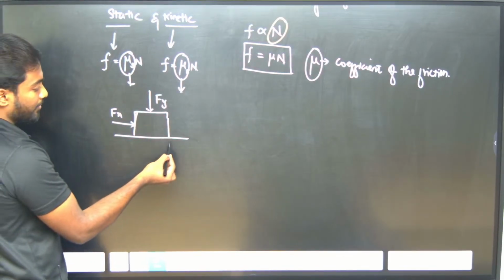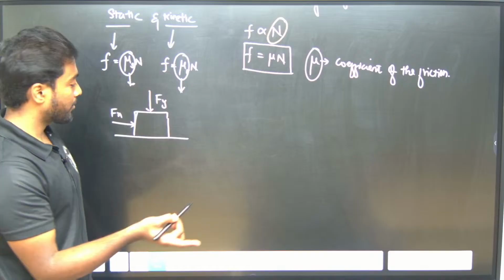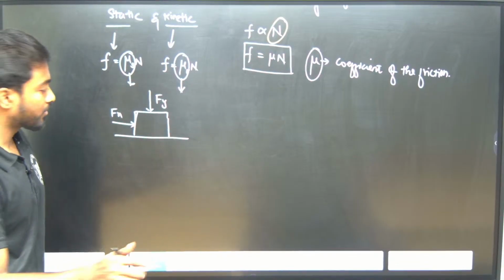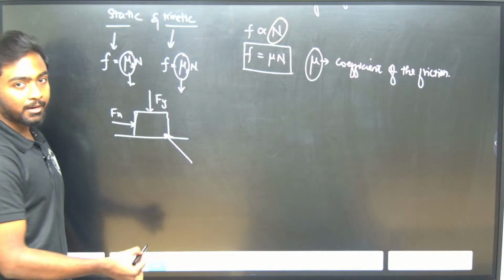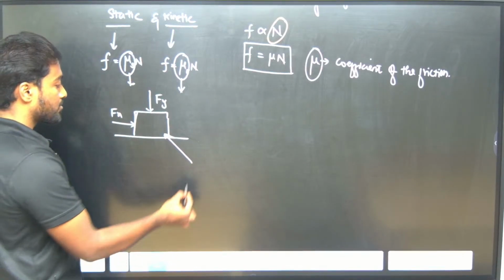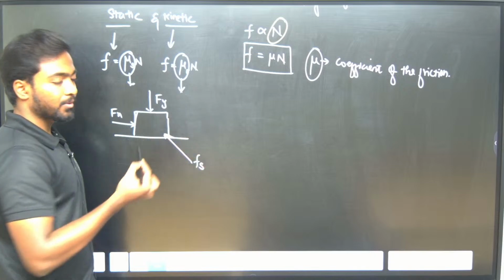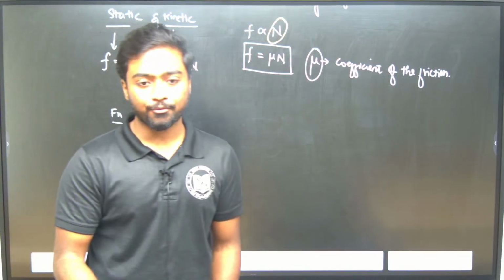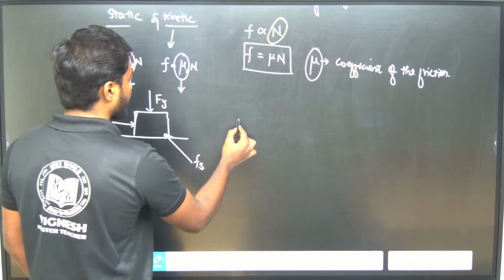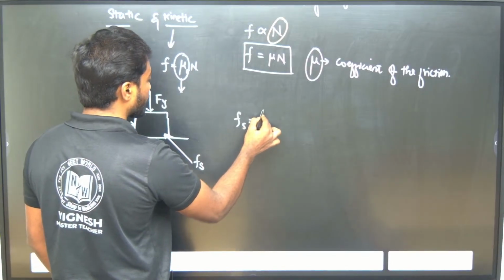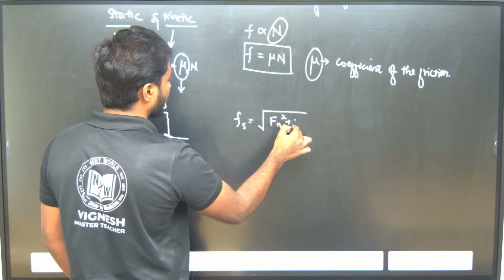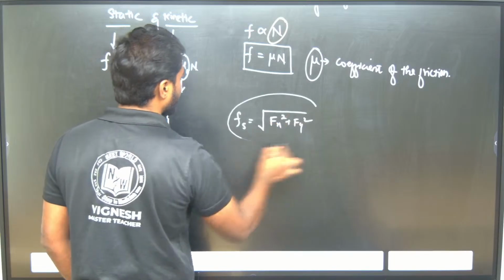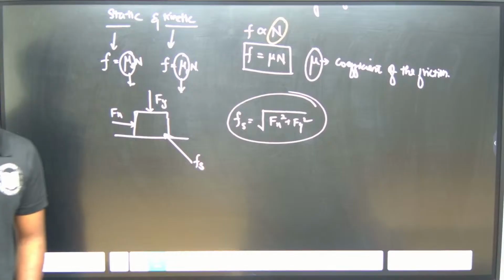Now, a friction will be there, like a static friction or kinetic friction, whatever it is, acting in this direction, right. Now, this is F s. So, what is F s? How to find that F s? The formula is F s equals root over F x square plus F y square, right. This is the formula.